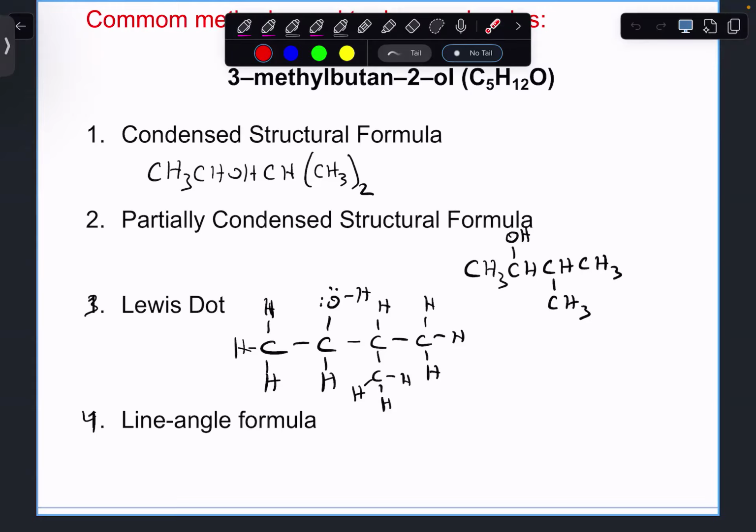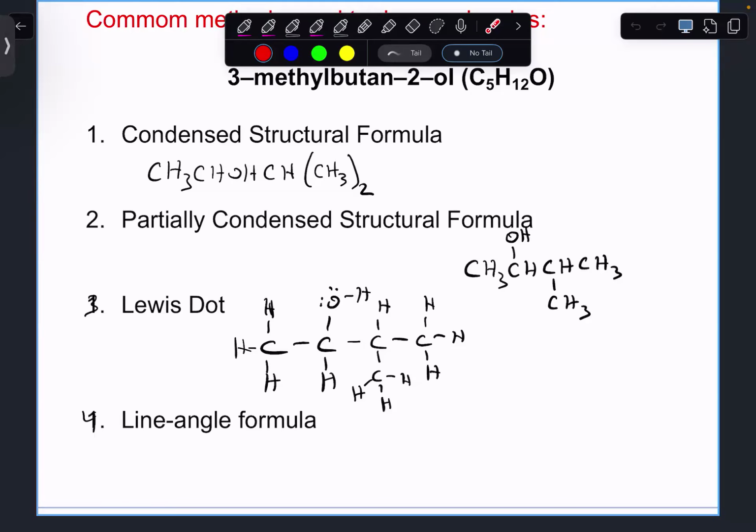However, with organic molecules, for a given molecular formula, you can have many, many possibilities, right? So for C5H12O, I could probably come up with, off the top of my head, at least 5 different compounds that have that same molecular formula. So it's rather ambiguous for us to use molecular formulas to represent compounds in organic chemistry.